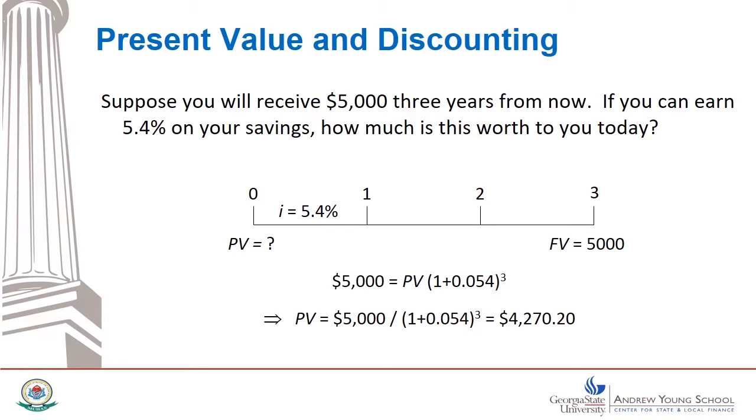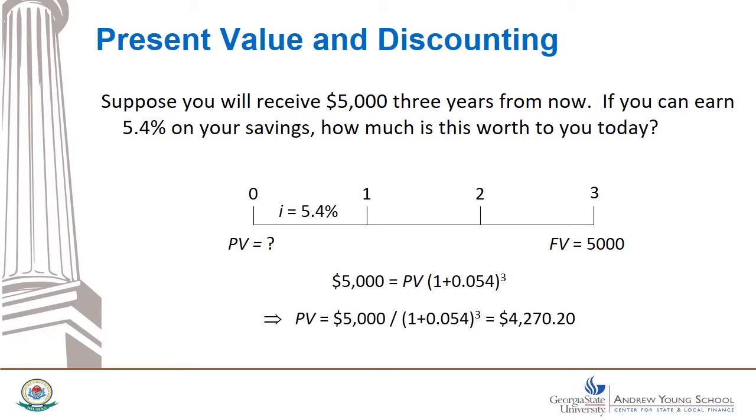Or to reword it, we would be just as happy receiving $4,270.20 today as we would $5,000 in 3 years, knowing that we could invest that money at 5.4% for 3 years.